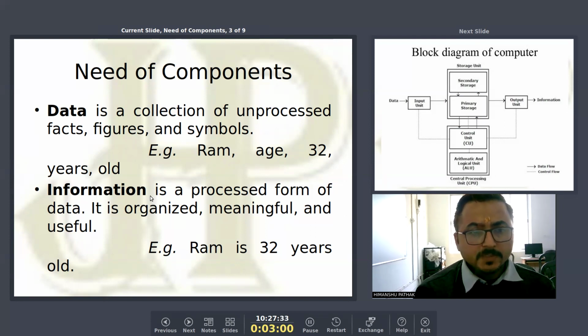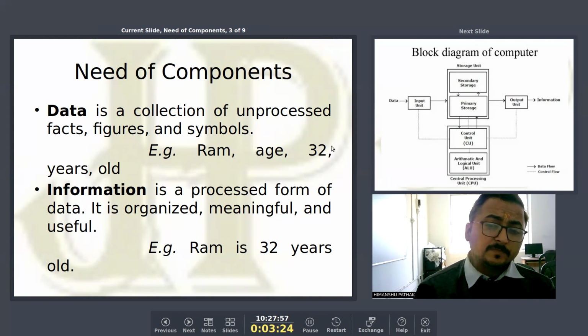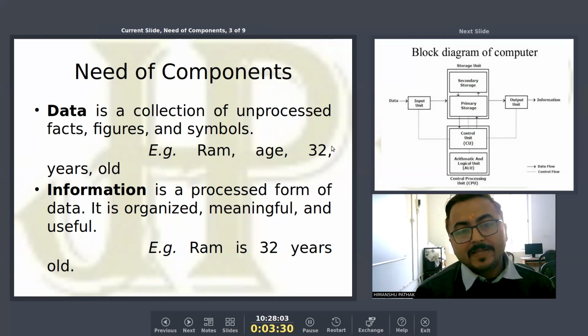You can easily see this with an example. There are some words I have written here: RAM, age, years, old, and one digit, 32. These are data, but I am not getting any information from them. So this data came to the computer, and with some application the words are processed and we get a sentence: Ram is 32 years old.